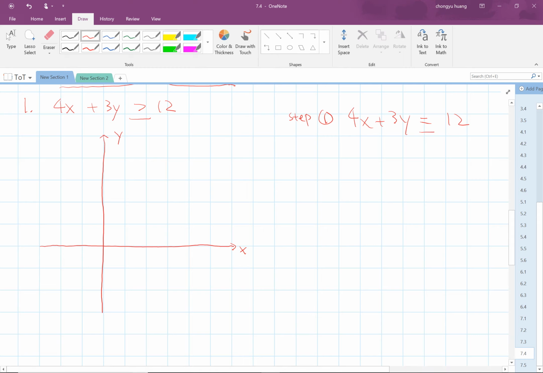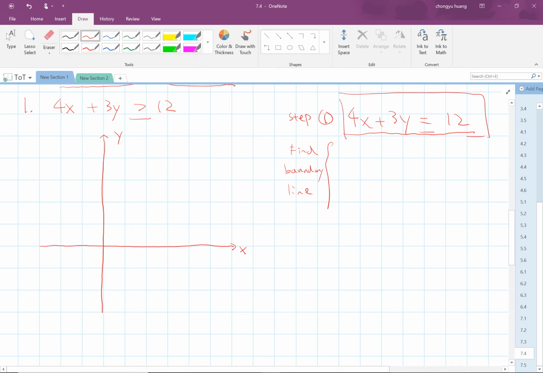So the next thing is we have to find the bounded line. How you find the bounded line is you have to graph this equation.